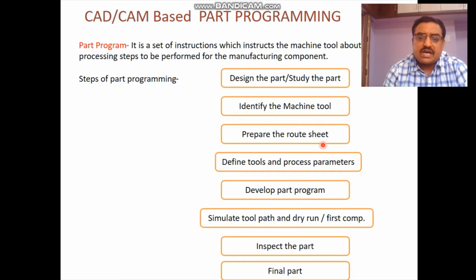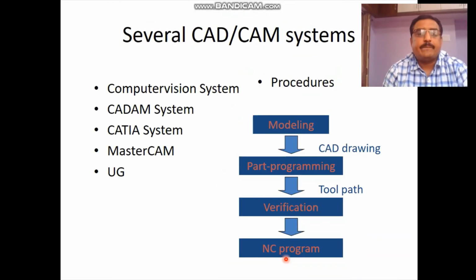First the design is done on any design software, and these 3 steps on any manufacturing software like Mastercam. Once you have developed all the tool paths, you can check by simulation, and if it is correct, then you can produce the part.